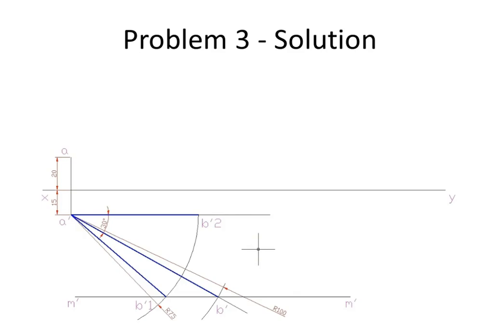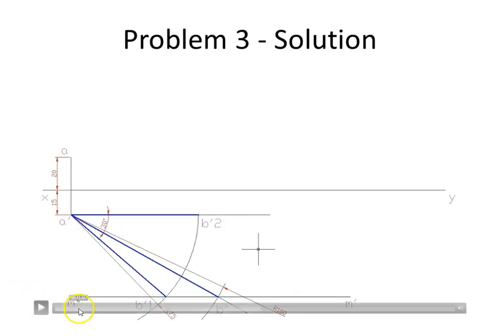The moment you find that one of the views is parallel to the XY line, it should immediately strike your mind that the other view is going to show the true length. In this case, it is going to be the true length in the top view. So let's proceed.